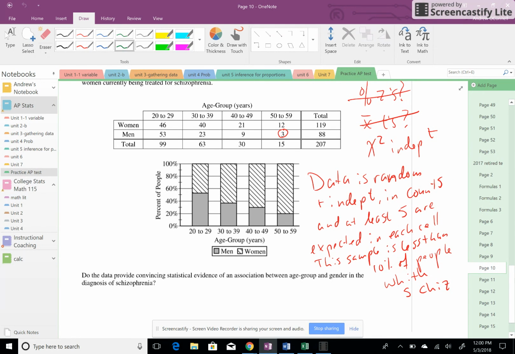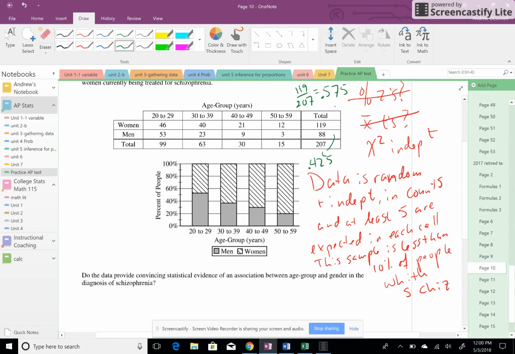So take a second. What you should do, since women and men are not a 50-50 split, 119 over 207 is about 57.5. That leaves the men to be 42.5.